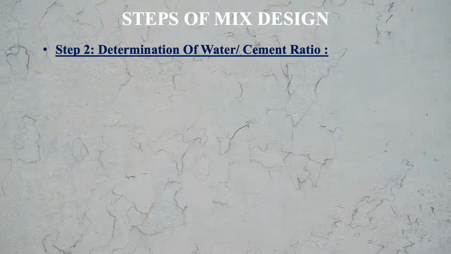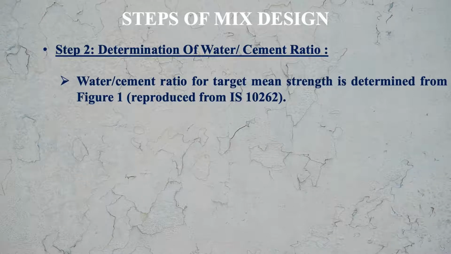Then step 2 is determination of water cement ratio. Water cement ratio for target mean strength is determined from figure 1, which is reproduced from IS code 10262, which you will see just now.